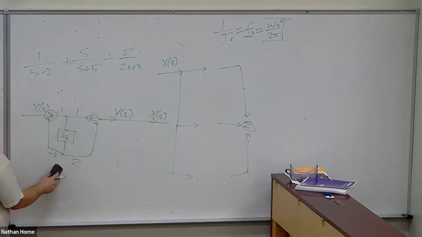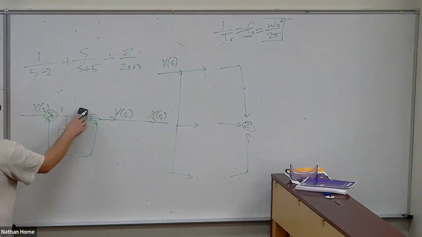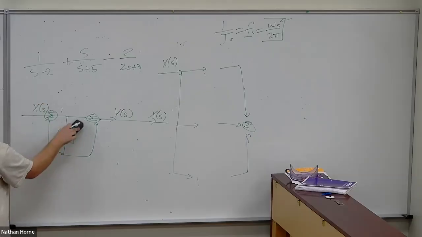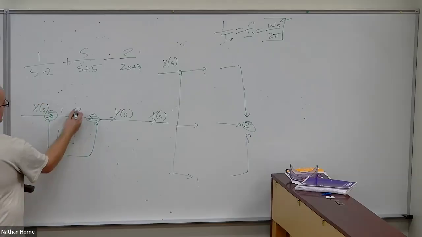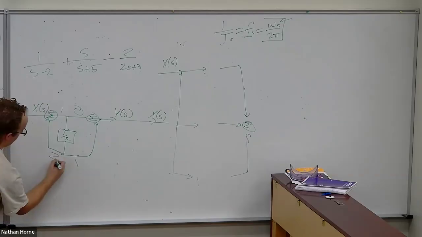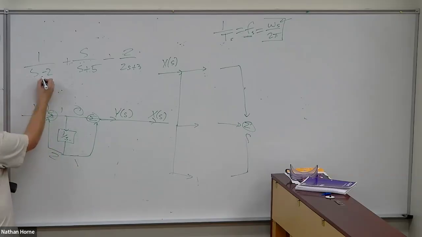What number's here? 1, because 1 right there. What number is here? 0. Why is it 0? There's no S term in the numerator. That's right. What is this number? 1, because that's 1 right there. What's this number? 2, because it's not the leading term in the denominator, so it's the negative of that number.